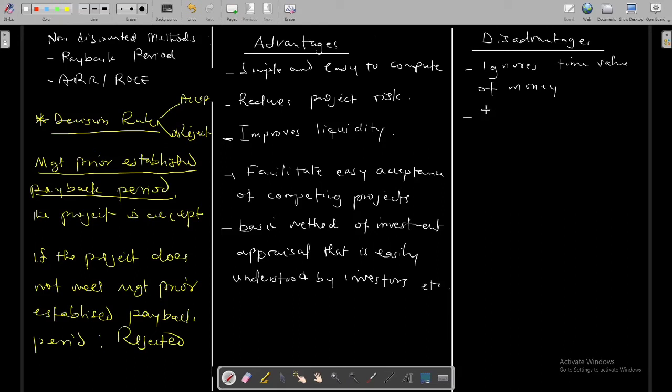The next one is it ignores cash flows after the payback period.